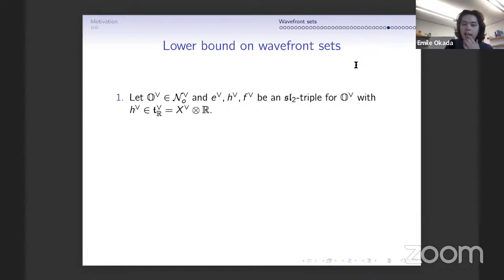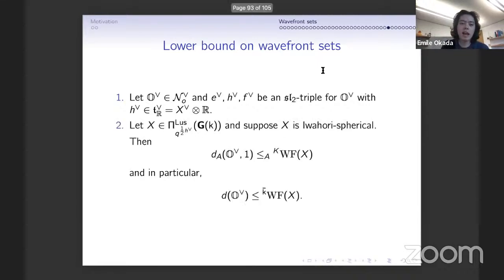So if O check again is some complex nilpotent orbit, and H check is the neutral element which lies inside of the real torus, then we obtained exactly analogous bounds on the wavefront set as what Barbasch and Vogan did.